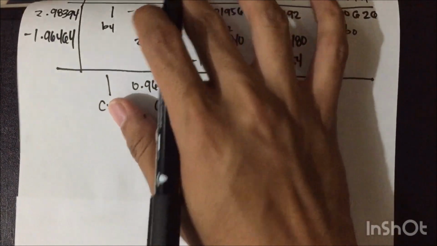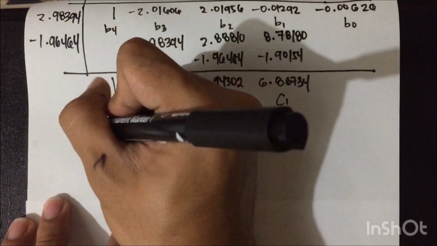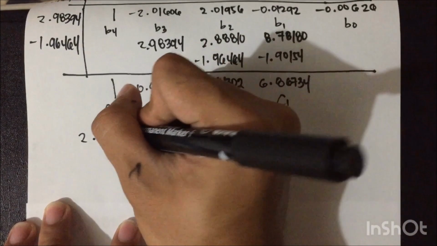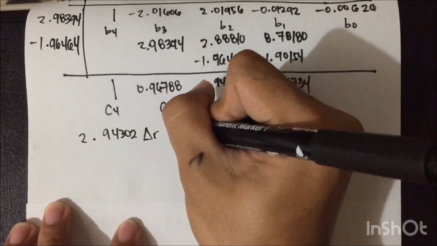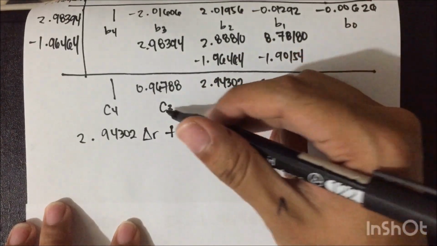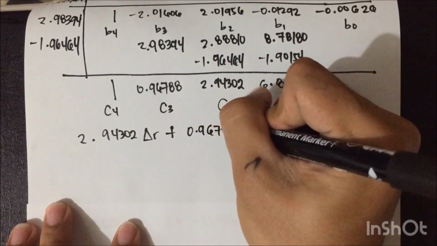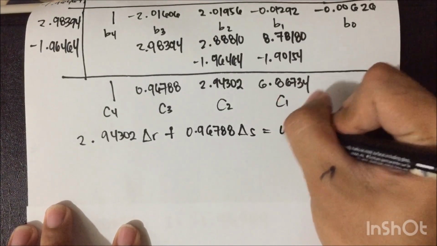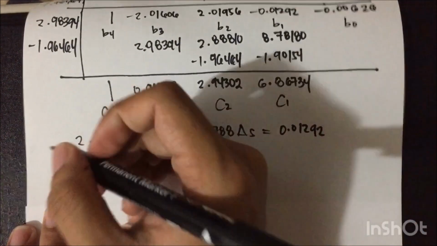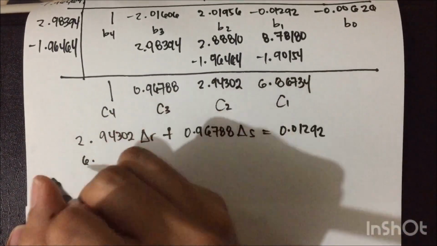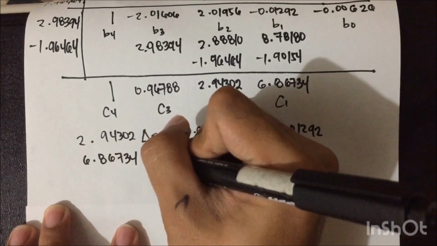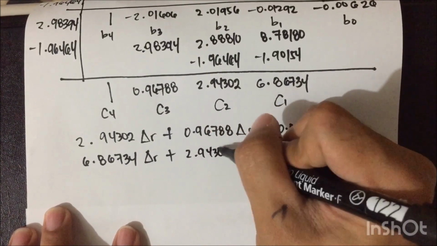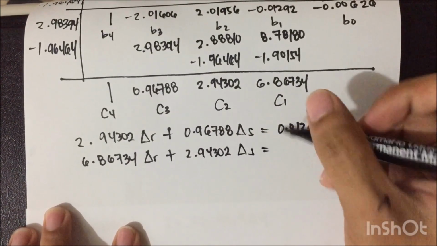So, then again, substituting this to this formula, C sub 2, 2.94302 delta R plus C3, 0.96788 delta S is equal to negative B1, which is negative, so we have a positive 0.01292, and then C1, 6.86734 delta R plus C2, 2.94302 delta S equal negative B sub 0.